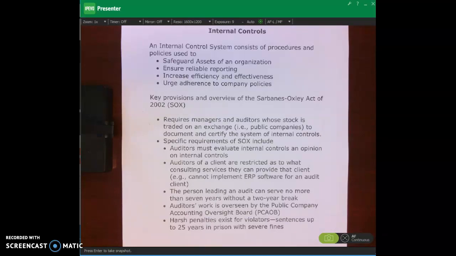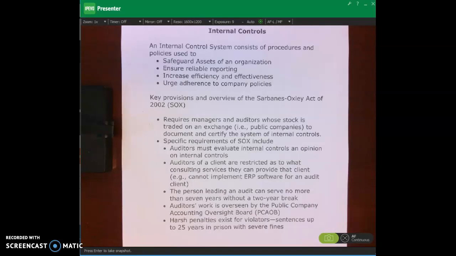They're traded on public stock exchanges. Big companies like that, traded on public stock exchanges, have to document and certify their system of internal controls. Auditors must evaluate internal controls and then also give an opinion on the company's internal controls.